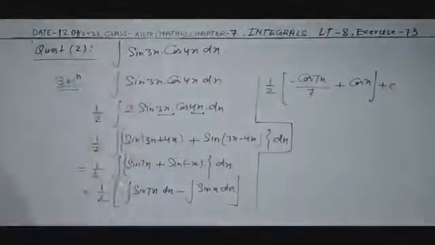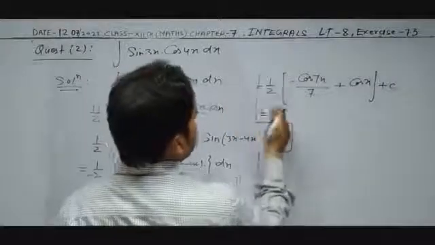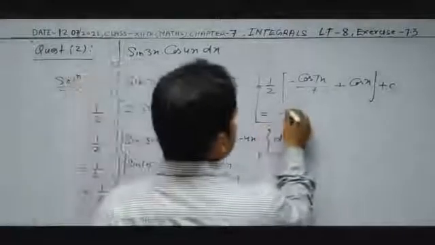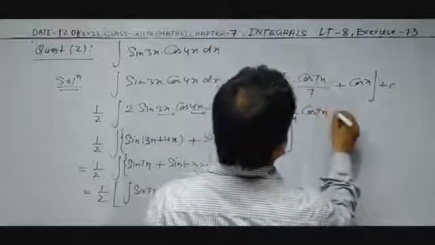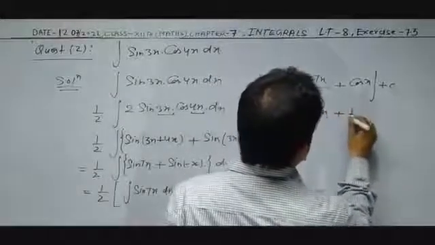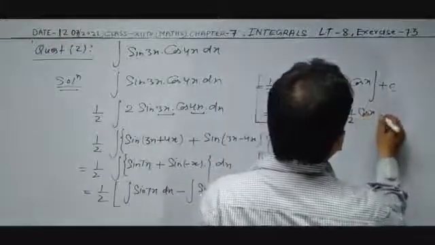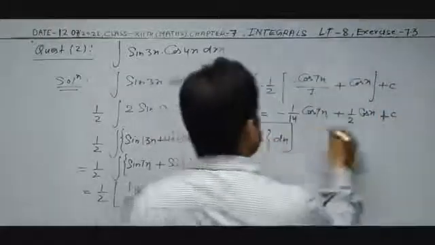So this is the answer, and you can multiply 1 by 2 inside the bracket. Now the result will be minus 1 by 14 cos 7x plus 1 by 2 cos x, plus c. This is the answer.